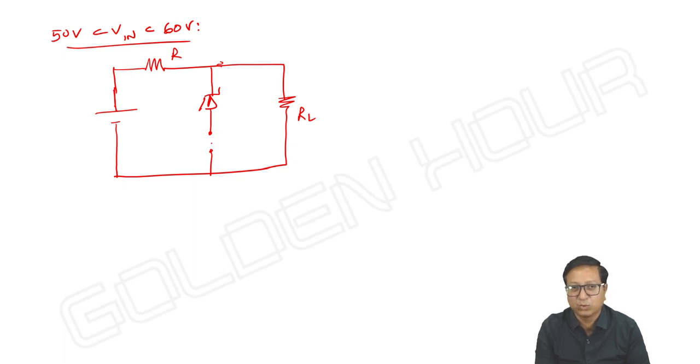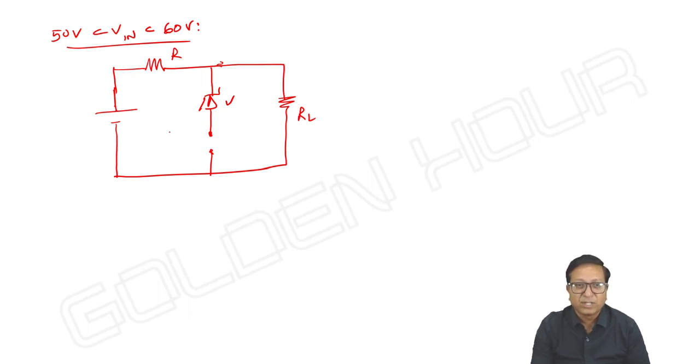D2 anyway cannot undergo breakdown, right? Even though D1 is ready to, it is in series with open circuit. There is no path for the current to flow through D1. So D1 is open circuit and D2 is also open circuit.